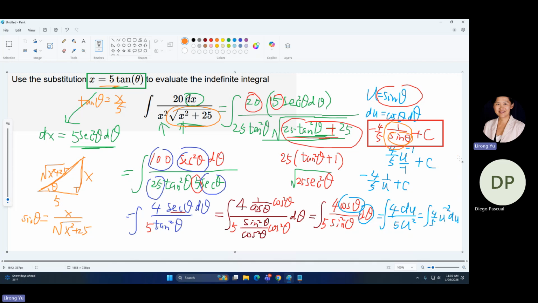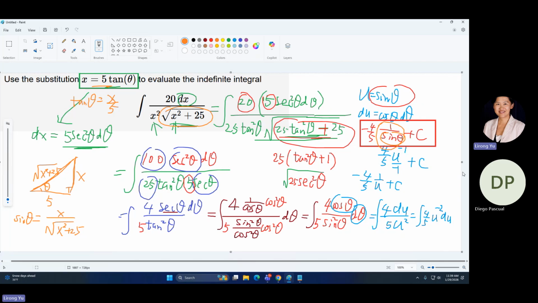Space there. So let's try to rewrite this here. After the variable goes back here, it's kind of messy. It's negative 4/5 root of x squared plus 25 over x plus c. So, any questions?